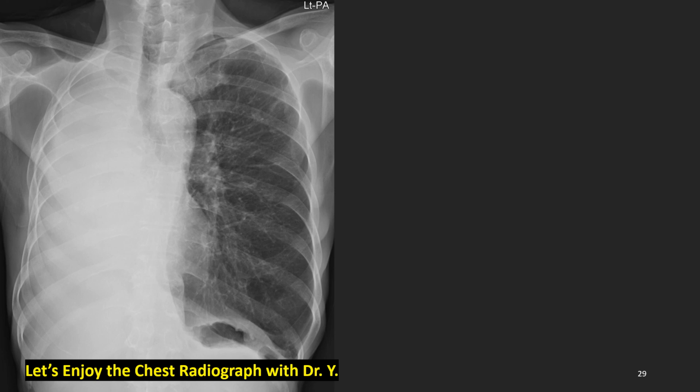What do we see? Very easy, very easy. Total haziness, total whiteness on the right side. No hilum visible, no right heart border visible, no diaphragm visible. Decreased inter-rib distance.